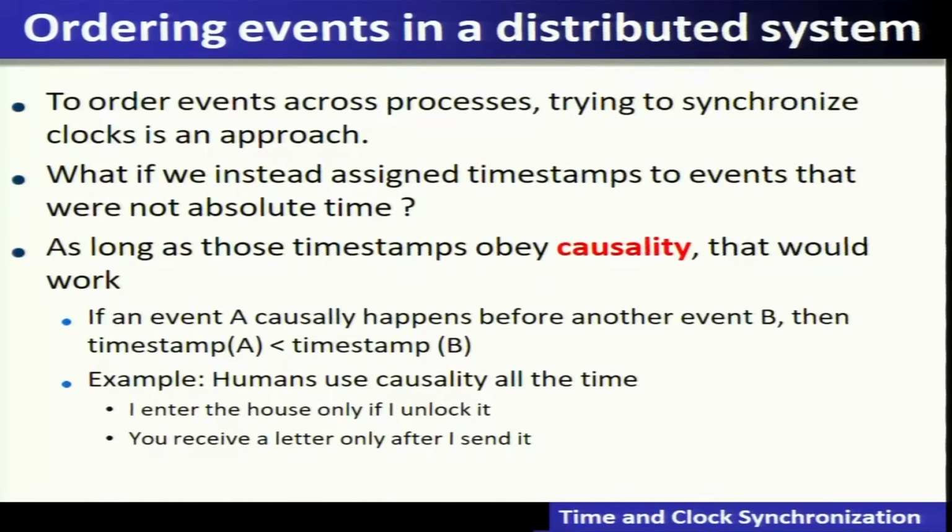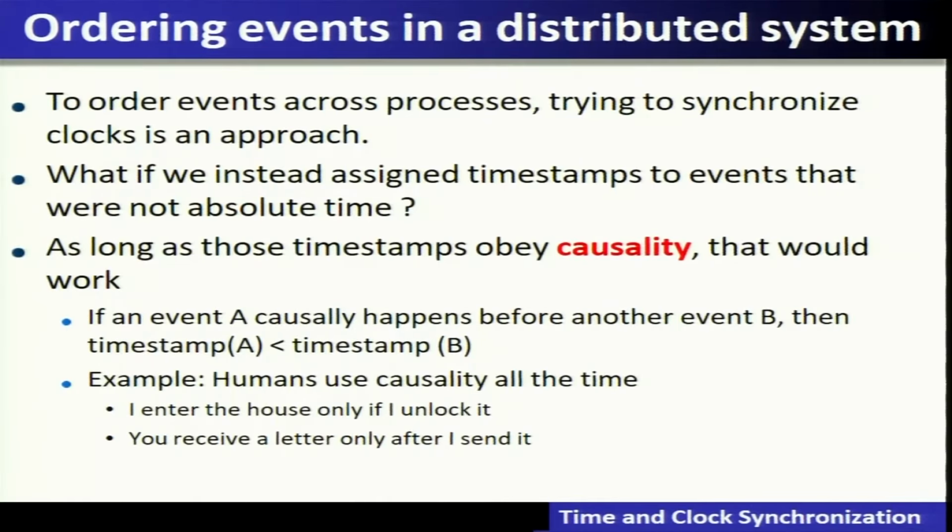Ordering the events in a distributed system without physical clock synchronization is a method which is widely used in various applications. So, let us understand this, and it can be applicable as well in the internet, that is, the IoT network scenario.